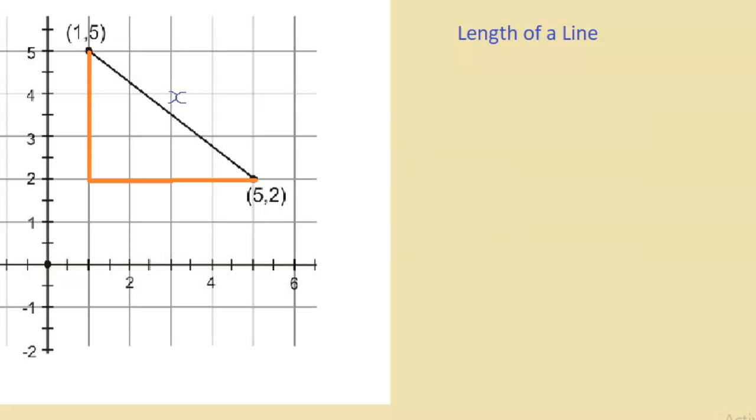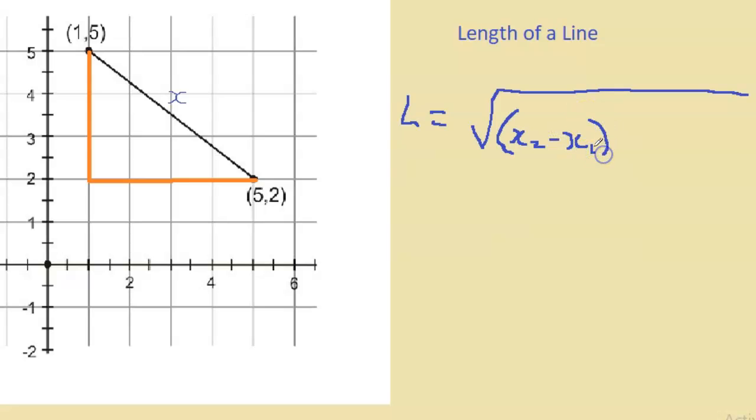Let us look at the formula that is normally given to us now. The formula is given as length, L, which represents the same thing that x represents. So L equals the square root of (x2 minus x1) all squared, plus (y2 minus y1) all squared.